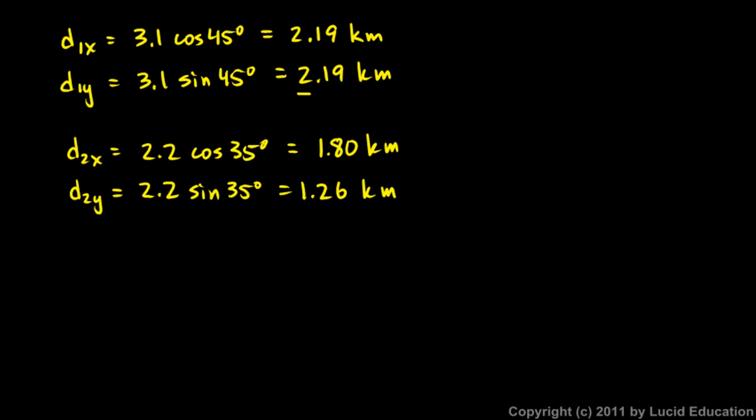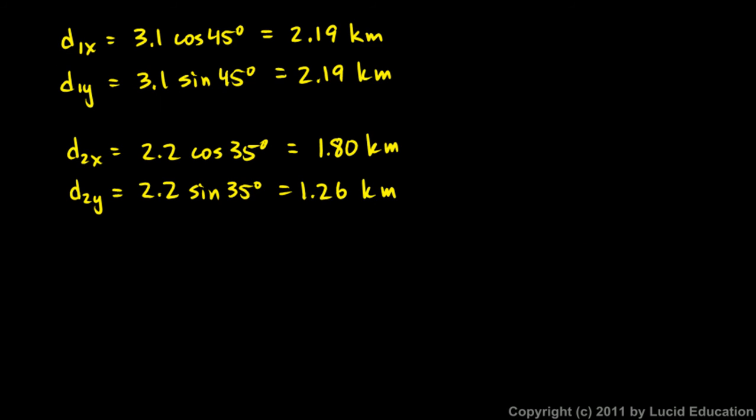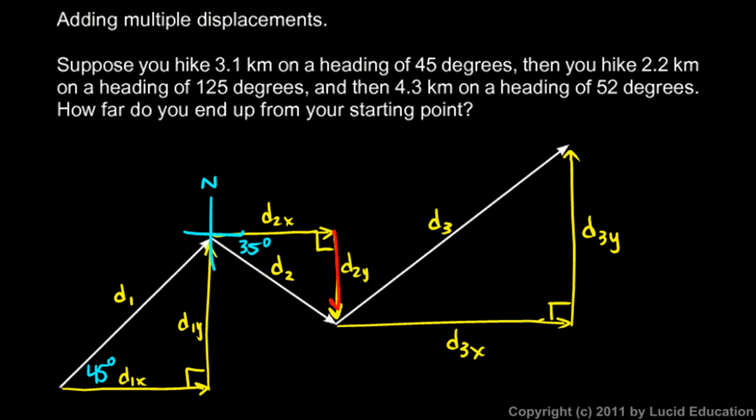The key thing here is that that number is positive. Back at the diagram, if north is positive, then that has to be negative. So let's take note, we're going to have to make this negative. This will be negative. If north is positive, then south has to be negative. And d2y here is south.